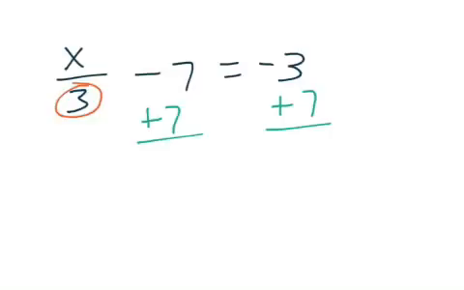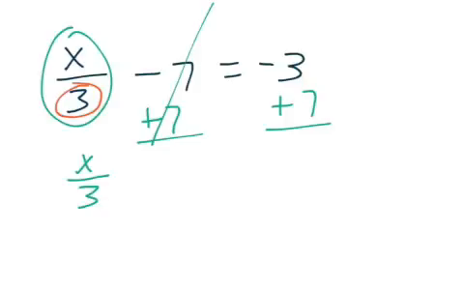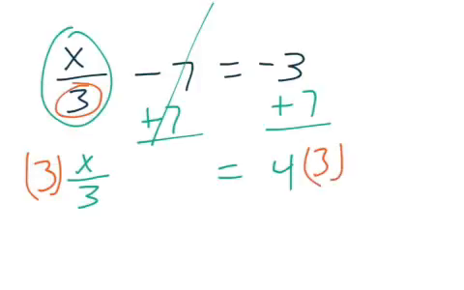So notice, now I still have x over 3. 7 minus 7, of course, cancel each other out. Equals 7 minus 3 is 4. And now I'm going to times both sides by 3 like you wanted to. And isn't 3 divided by 3 1x equals, and 4 times 3, 12.